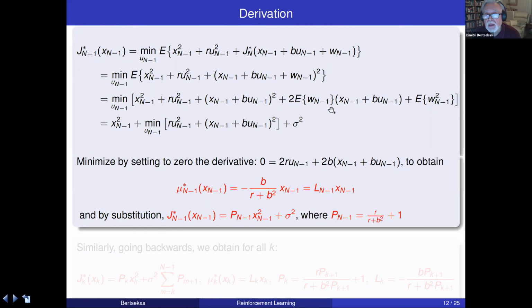No, you're wrong. We're taking the derivative of this expression with respect to u_{N-1}. So it's the derivative of the inside times the derivative of the outside. It's b times x_{N-1} plus this parenthesis.